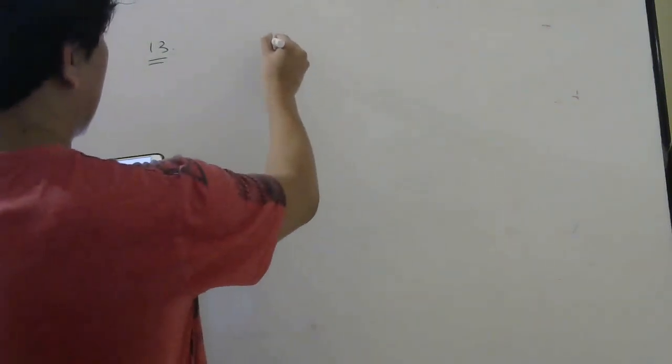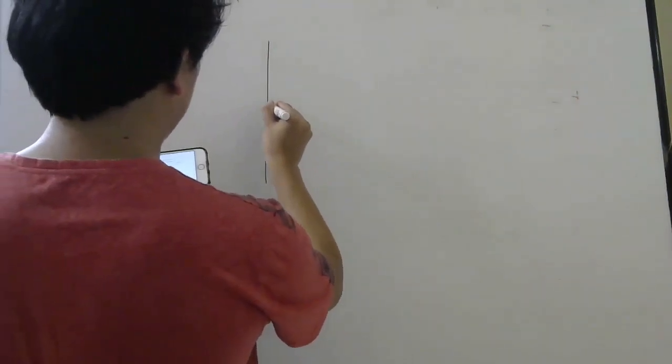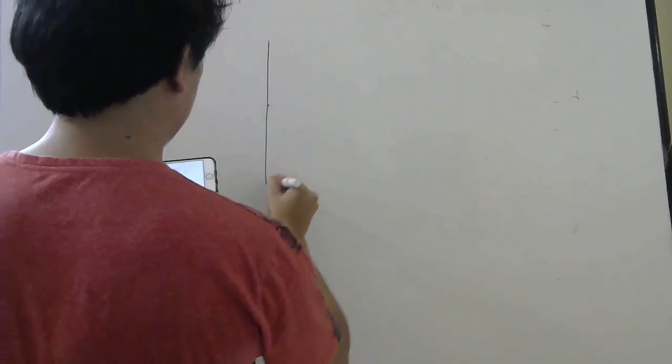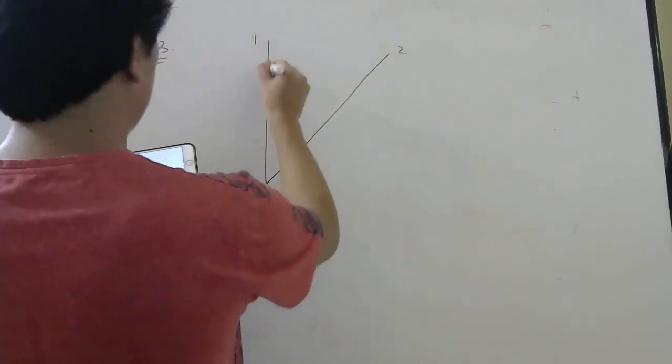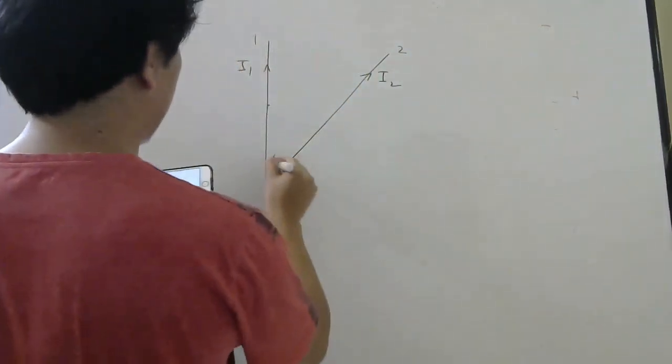So one wire is like this and the other one is here. This is the first wire, this is the second wire. They carry currents I1, I2 at angle theta.